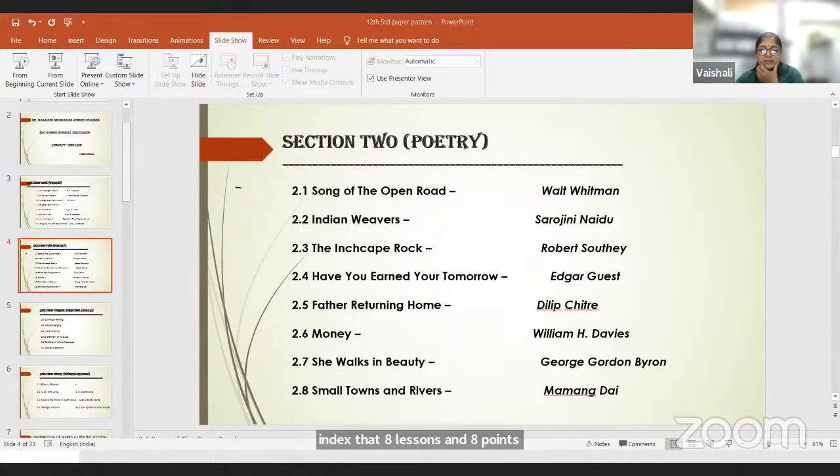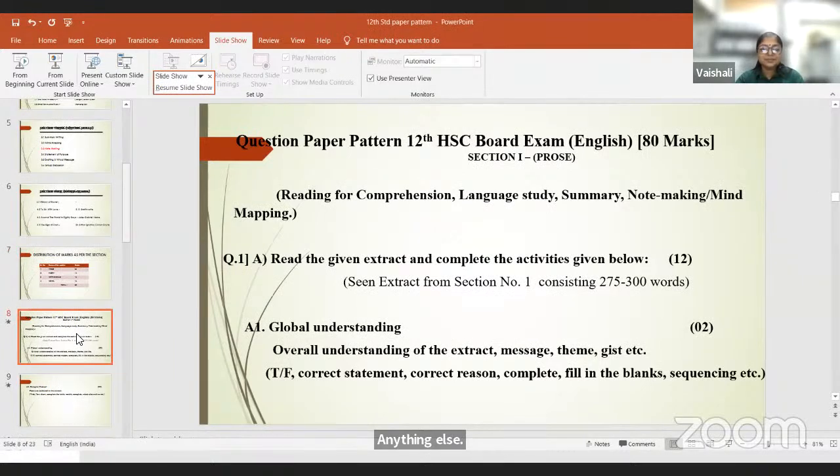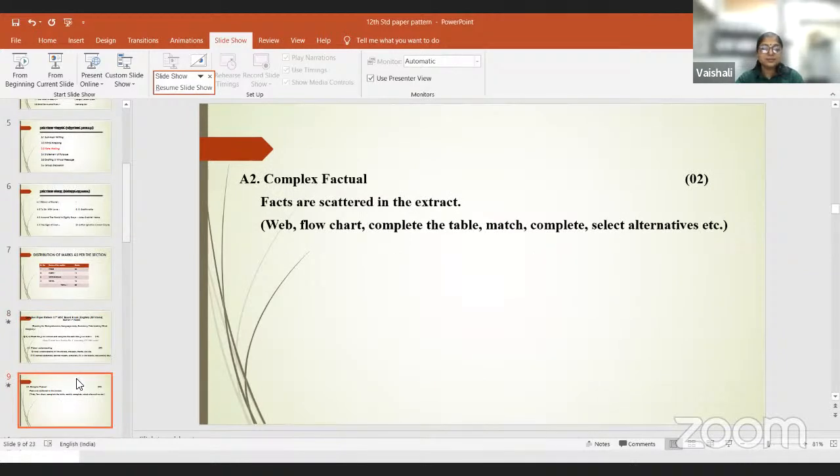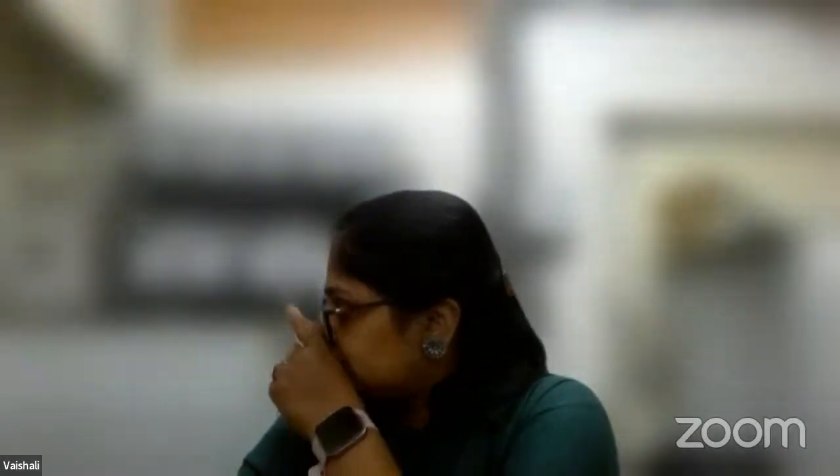Anything else? Yes, Sumit, what's the doubt you have? You can unmute yourself.